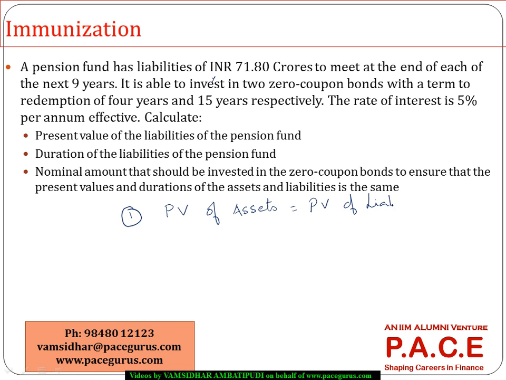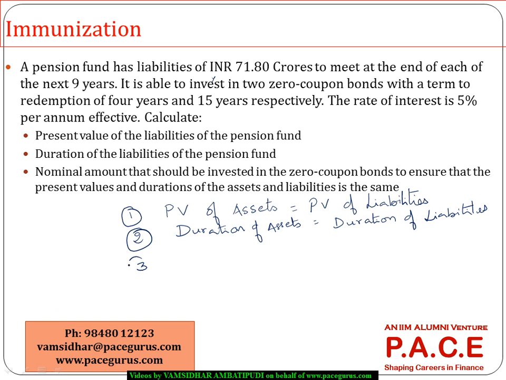Just a quick recap of the immunization rules. Then we also know that the duration of the assets should be equal to the duration of liabilities. Only then do we say that our fund is fully immunized against small changes in the interest rate.